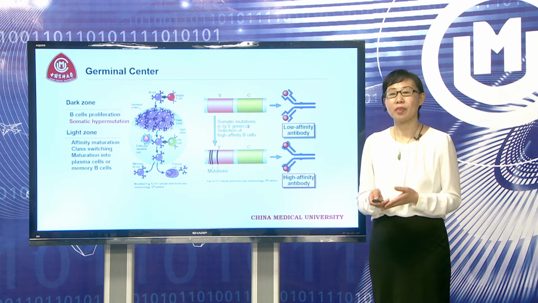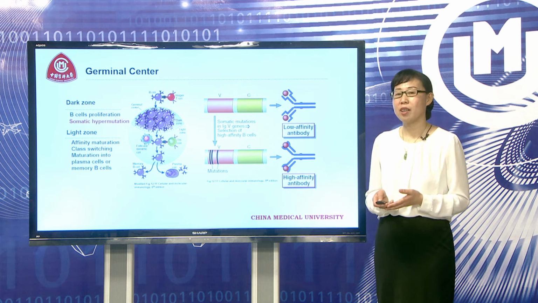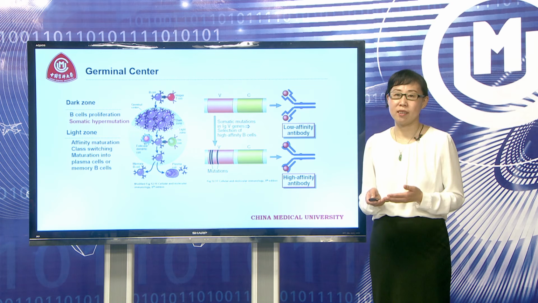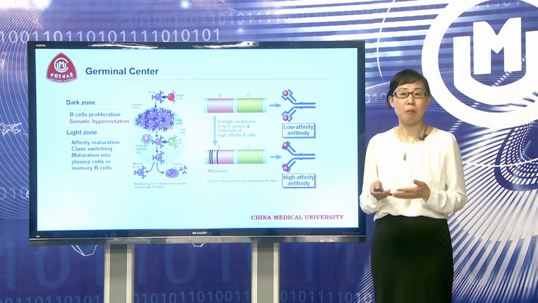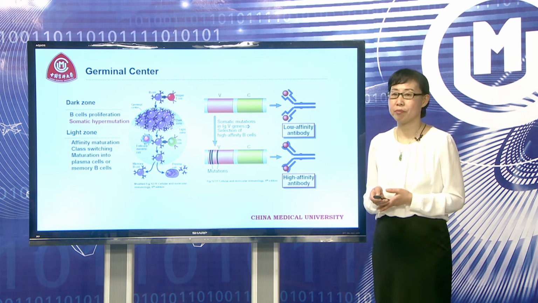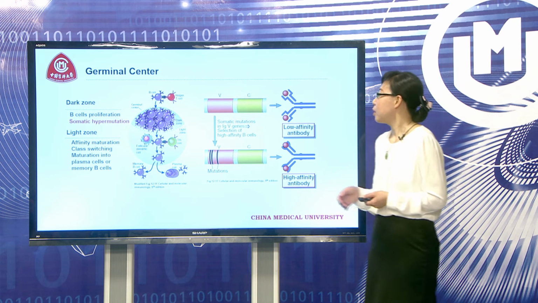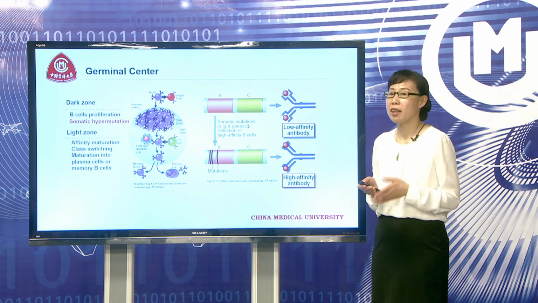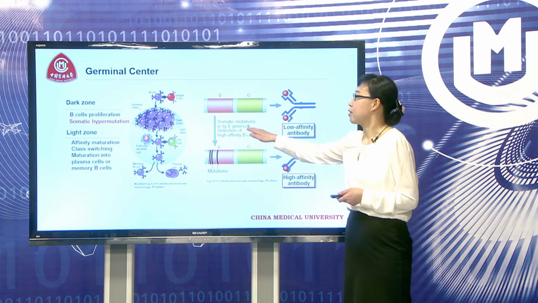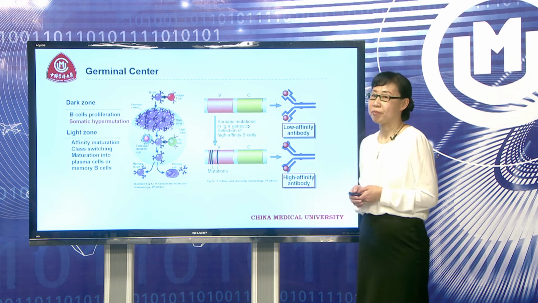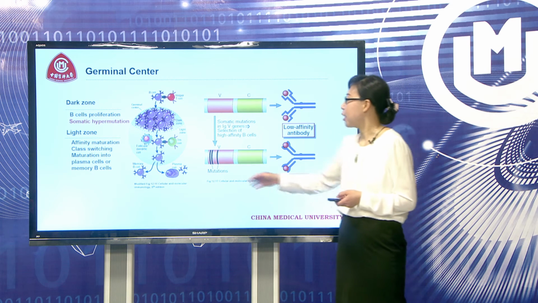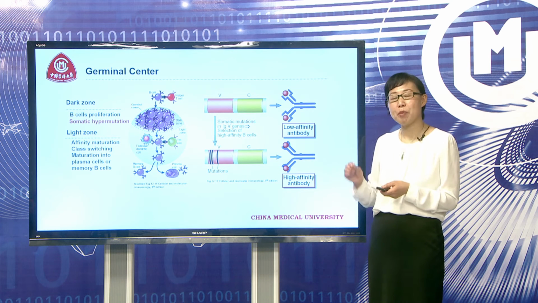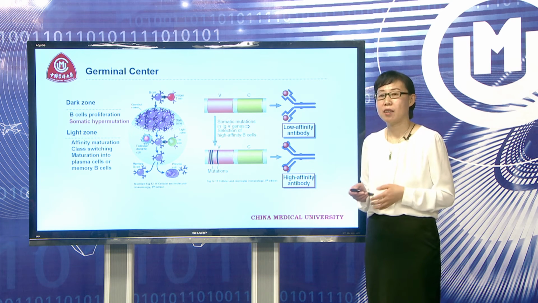In the dark zone, the B cells rapidly proliferate, and somatic hypermutation will occur. Somatic hypermutation refers to the mutation in the variable regions of the immunoglobulin, especially the hypervariable regions, which combine with the epitope of the antigen.